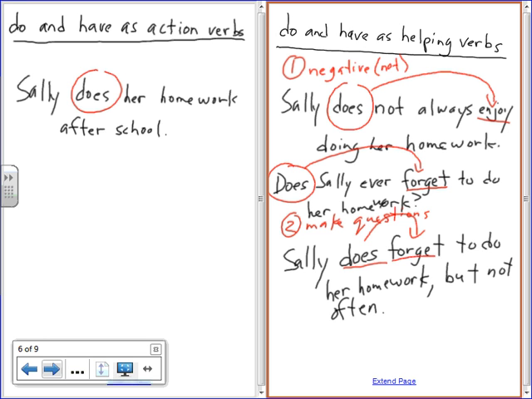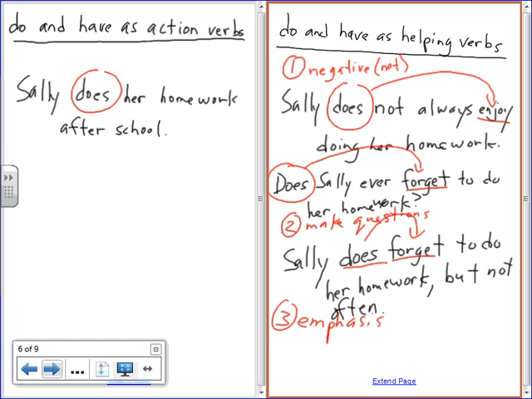And we're going to call this use of do, does, and did for emphasis. We are emphasizing the word forget, and we're doing that by somewhat insistently adding a does to say that Sally does forget to do her homework, but not often.